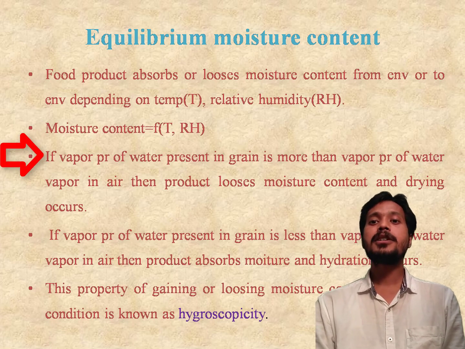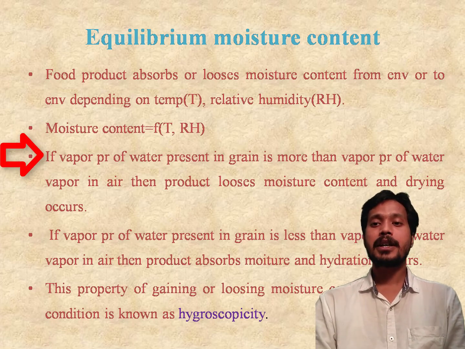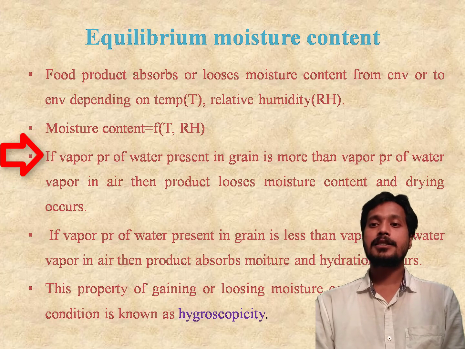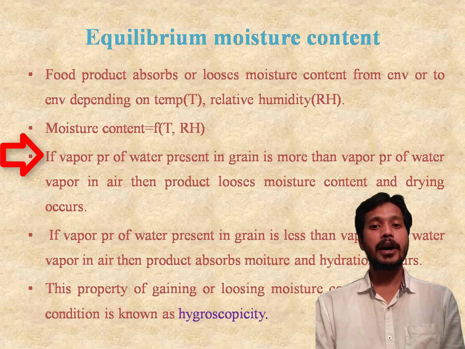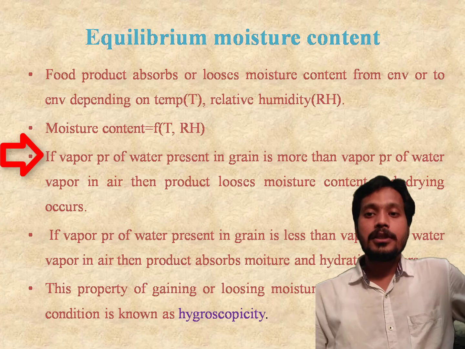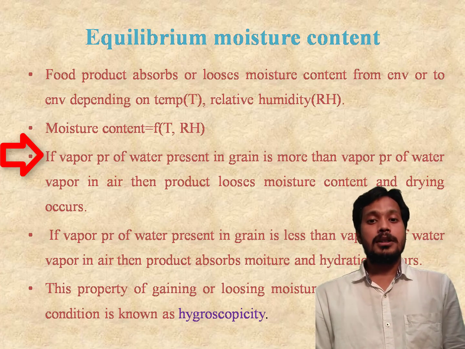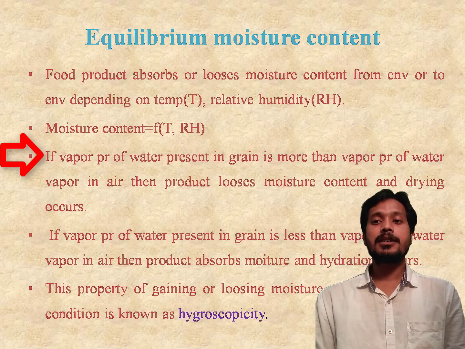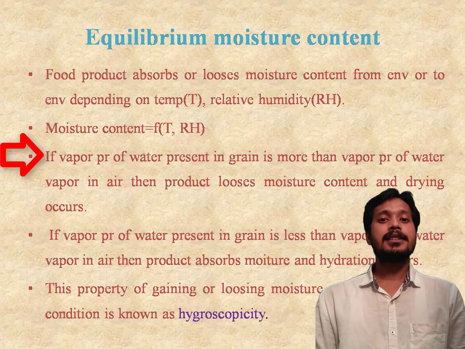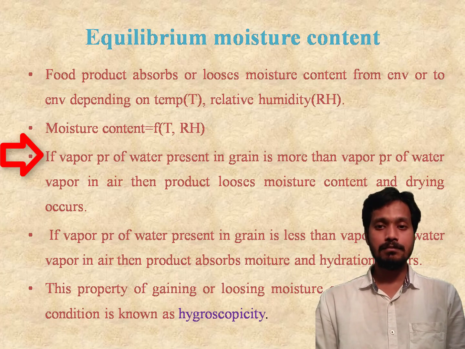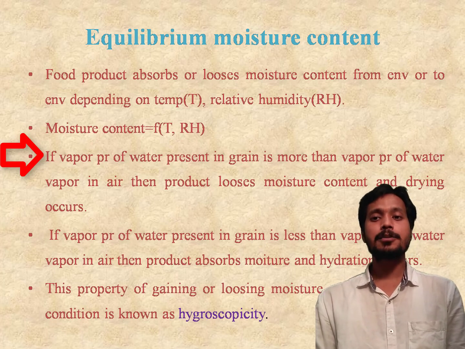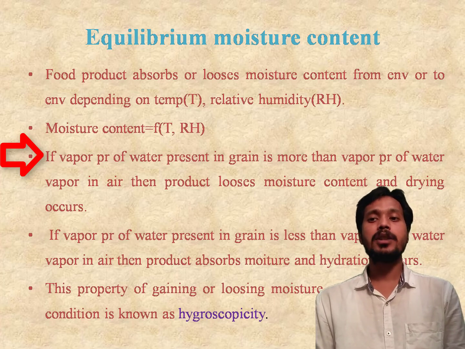If the vapor pressure of water present in grain is more than the vapor pressure of water vapor in air, then the product loses moisture. Why? Because if grain contains more water and air contains less water vapor, then as per the law, from high to low, the grain will lose moisture and air will gain moisture.